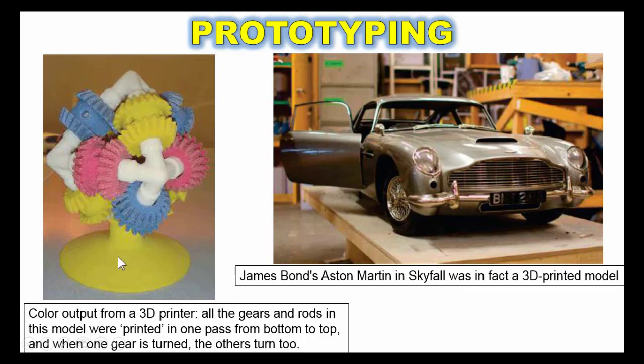Like for example, this 3D printed output that has gears and rods that model a particular piece of component. Another is this 3D printed car that looks as if it is real.